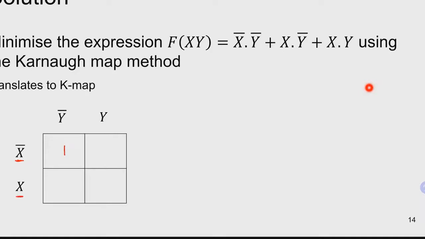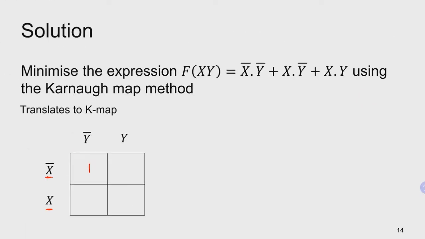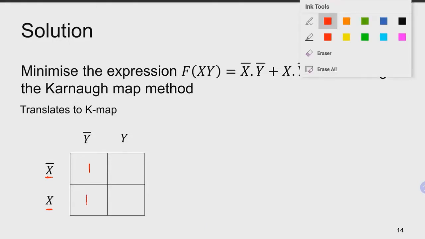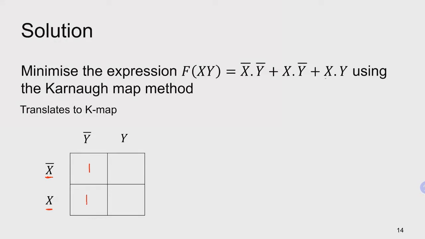So this is x, okay, x here, and then y bar. So this will be a 1 here. And then we have x and with y. That will be a 1 here.